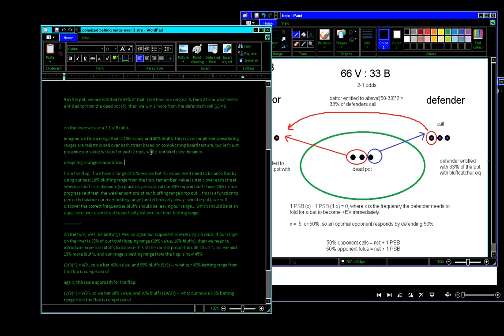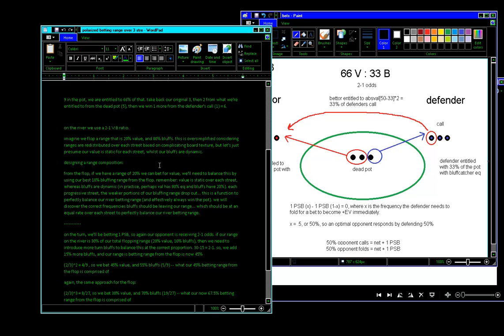So using this as a hypothetical situation, and this is overly simplified once more, but let's pretend that on the flop, we always flop a range that is 20% value and 80% bluffs, like I just said. And this is oversimplified considering ranges are redistributed over each street based on progressively complicating board texture every time a new card peels.